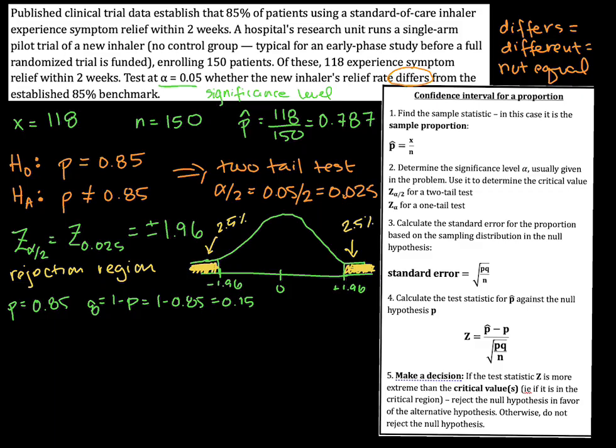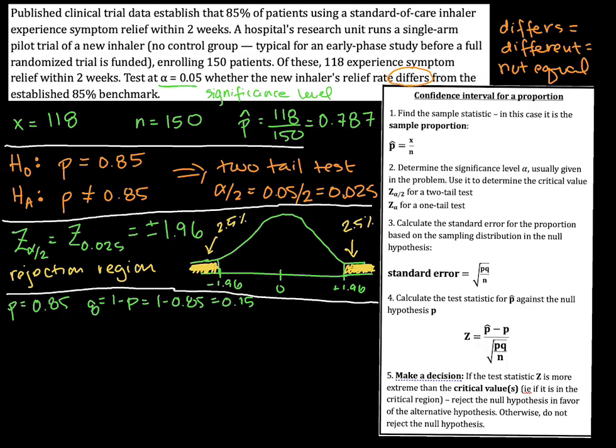So the standard error is the square root of 0.85 times 0.15 over n.